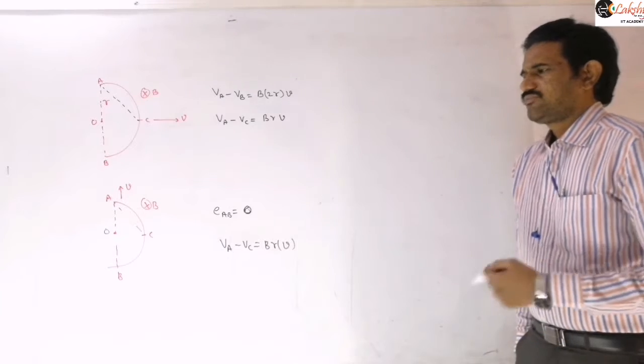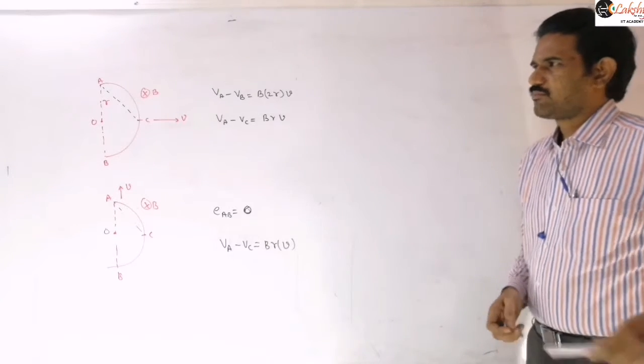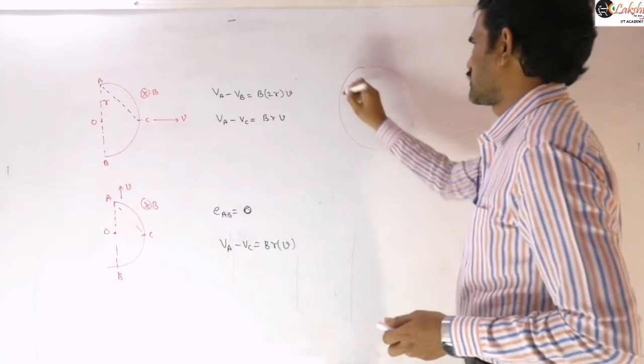And so next, if you are taking this complete circle, for example, instead of a semicircle, let us take it as a complete circle like this.